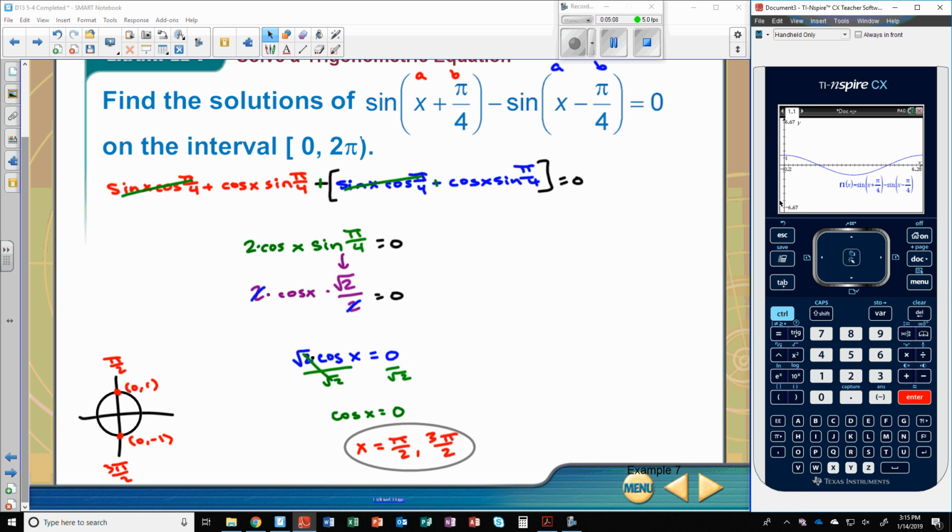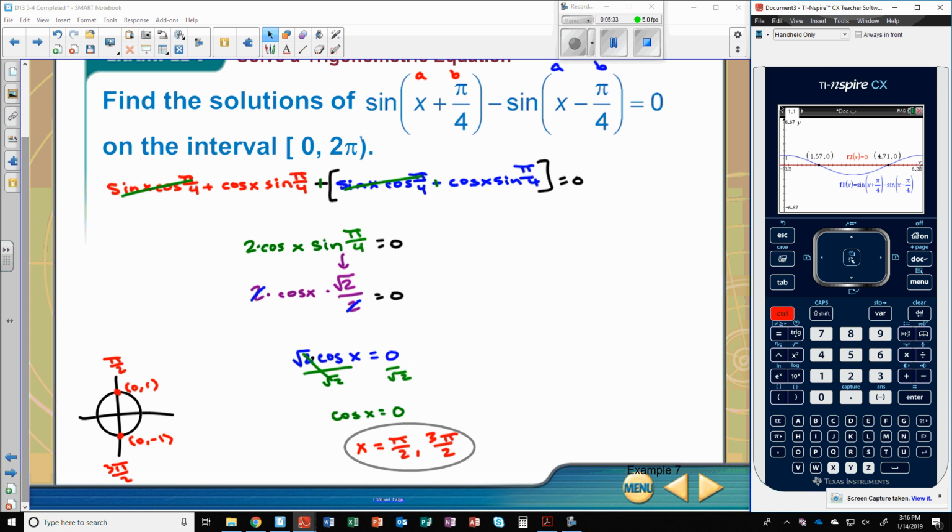Where does this equal 0? So the other equation is 0. That's what I'm wondering: where do these two cross each other? Menu, analyze graph, intersection. I get this value, and menu, analyze graph, intersection. It looks like there's one more there. So those are my two answers.